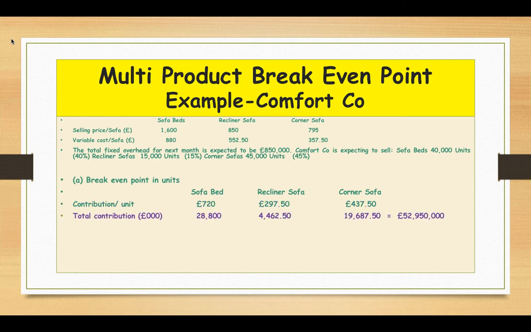So we can calculate the total contribution. For sofa beds, £720 times the number of sofas, which is 40,000 units, you will get a total contribution for sofa beds of £28,800,000. For the recliner sofas, 297.5 times 15,000 units, you will get £4,462,500.